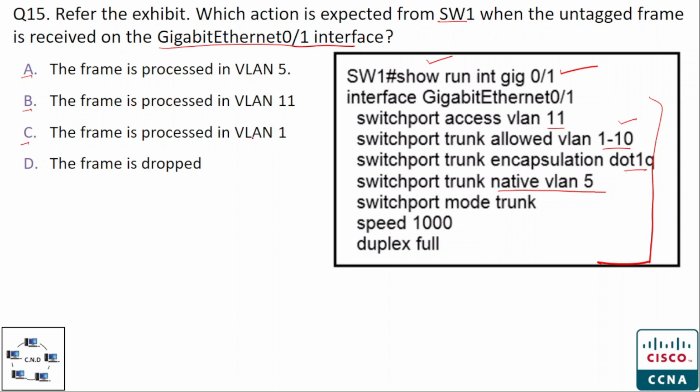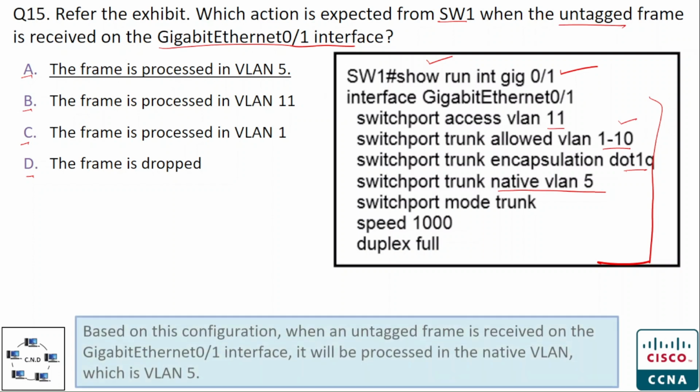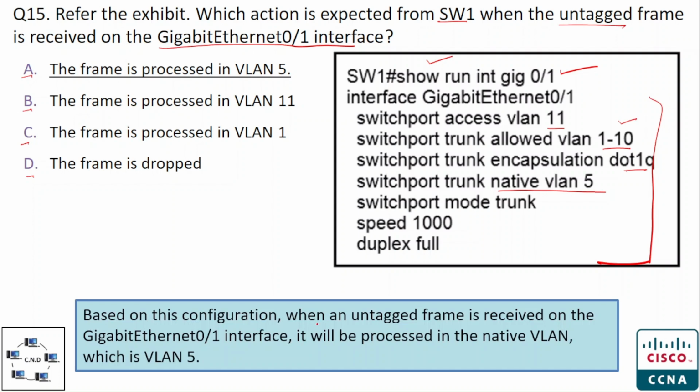Option C, the frame is processed in VLAN 1. And option D, the frame is dropped. The correct option is A. An untagged frame is always processed in the native VLAN, and the native VLAN is VLAN 5, so the frame is processed in VLAN 5. Based on this configuration, when an untagged frame is received on the Gigabit Ethernet 0/1 interface, it will be processed in the native VLAN, which is VLAN 5.